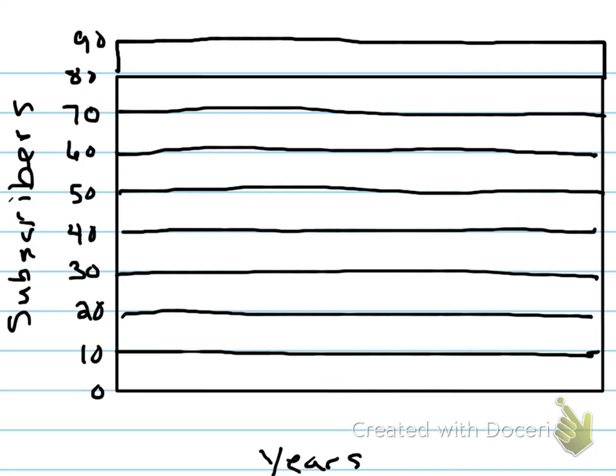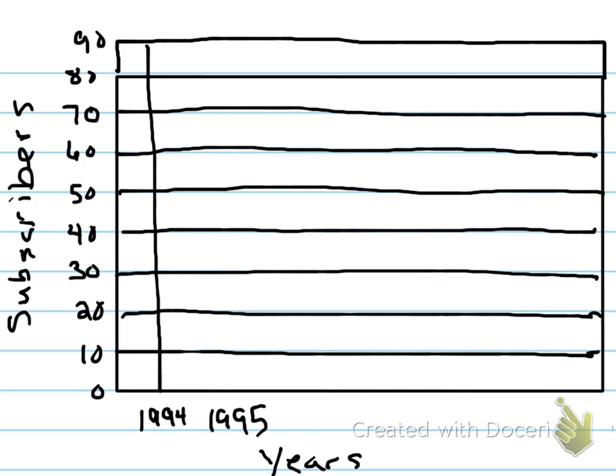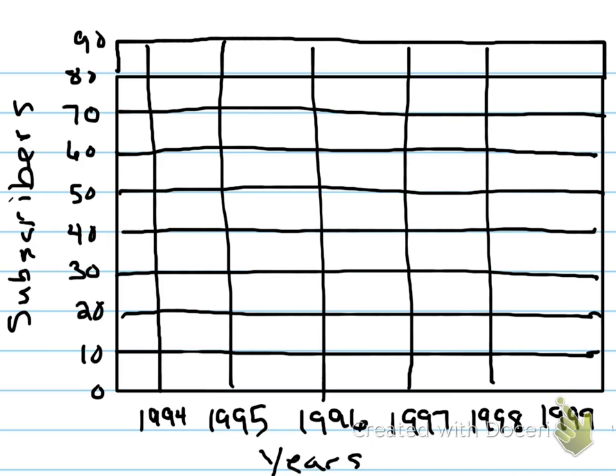Okay, here we go. All right, so now the categories. Now label the different categories. Those are the years. Okay, and now one difference with the line graph is that you need vertical lines too.